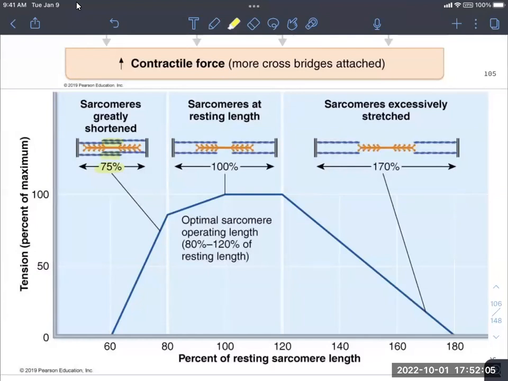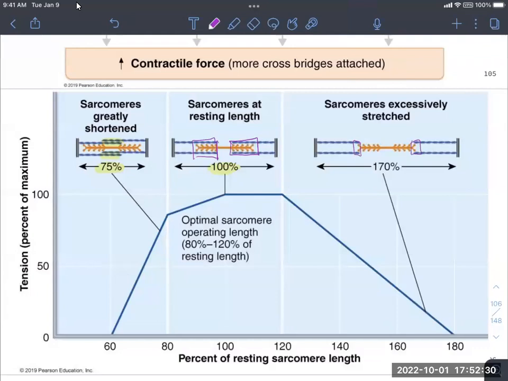If we are at exactly 100%, you see every one of these myosin heads here has a place to connect. So they're going to generate a very strong contraction. And this last one, the one I was just mentioning, there's only these 2 heads here and these 2 heads here that have a place to connect.